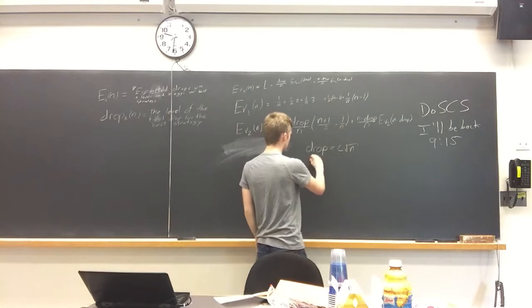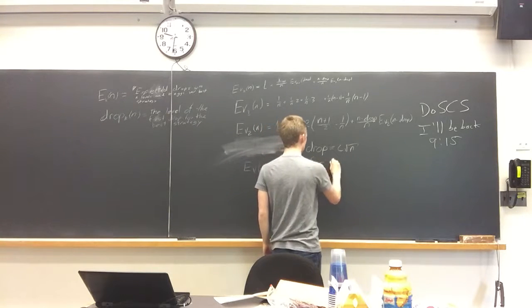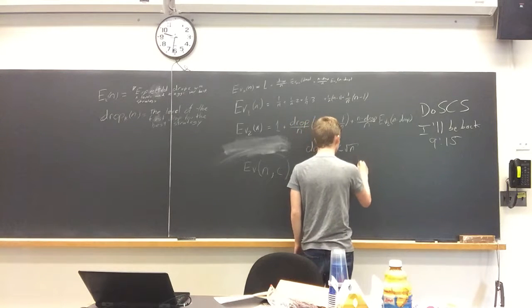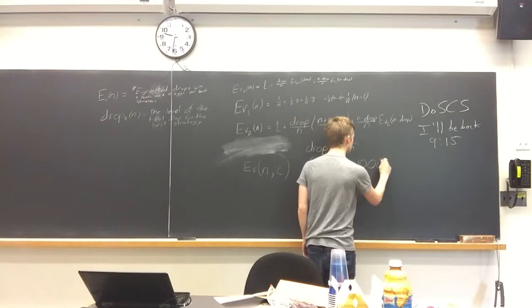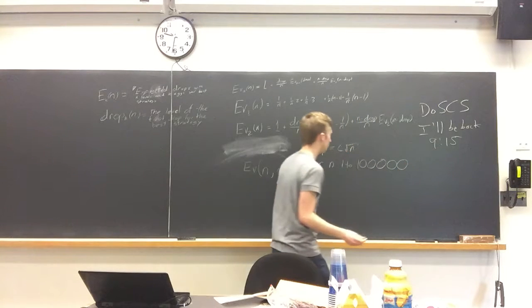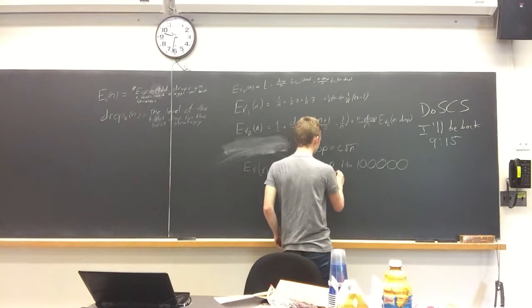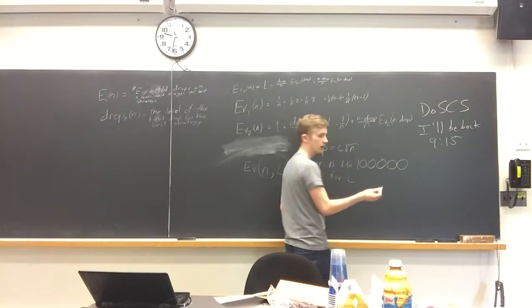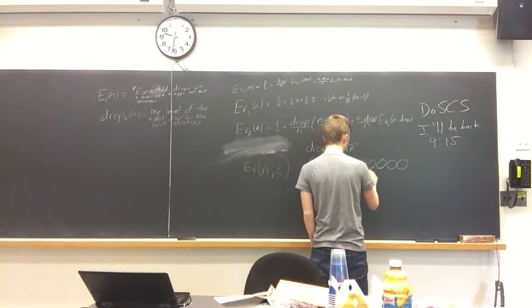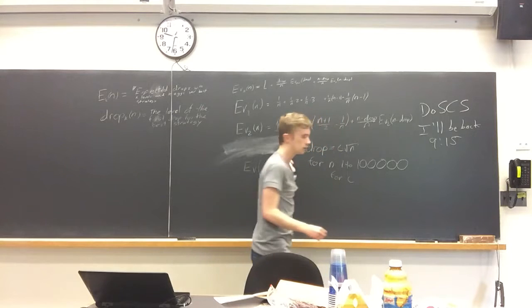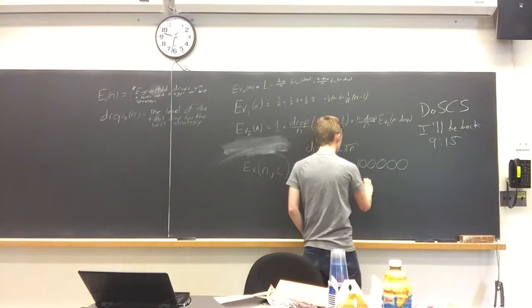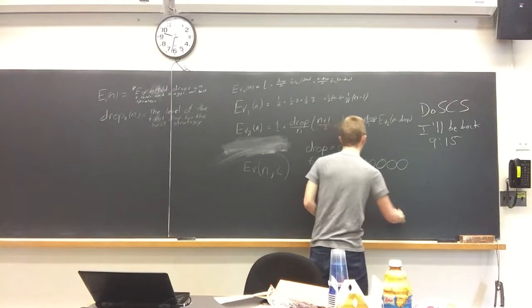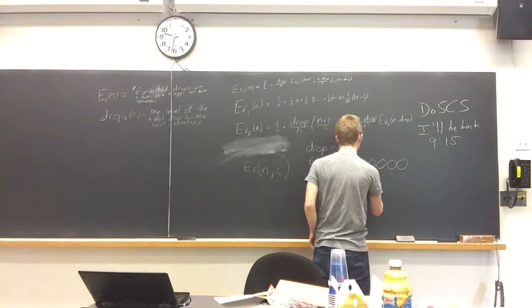For n from 1 to 100,000, let's say, and then for c within some certain range, which, once we got fairly precise, was like 1.38 to 1.42.